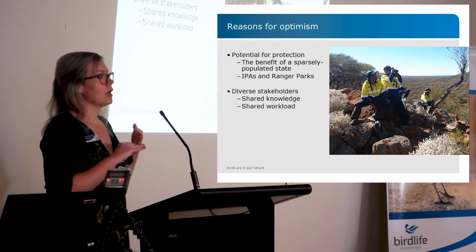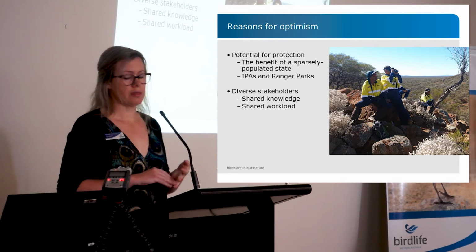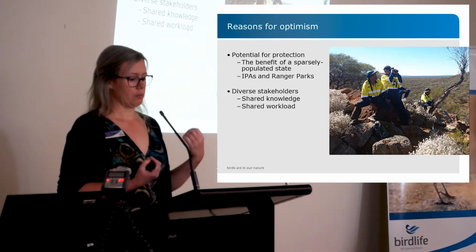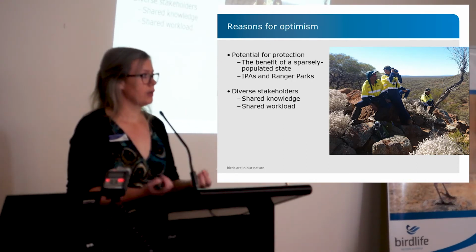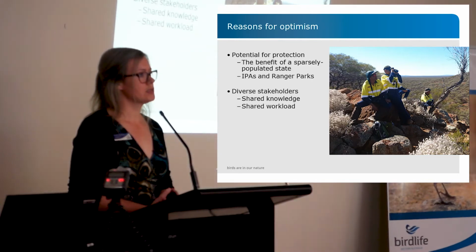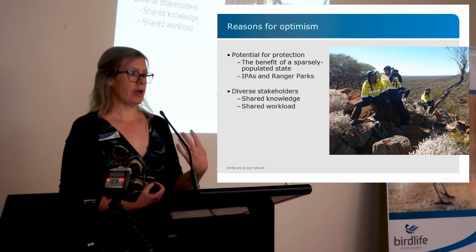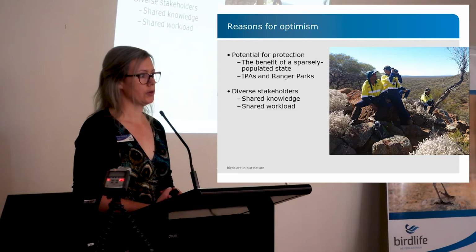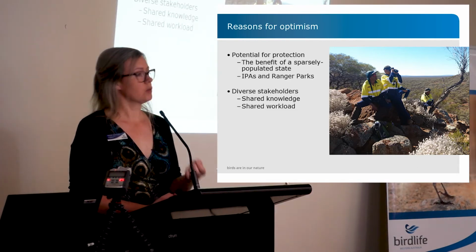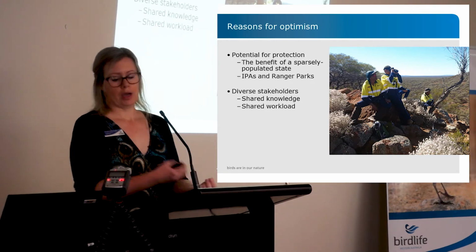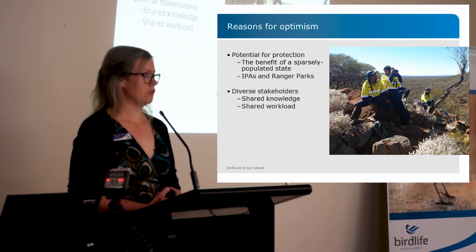So we are amazingly fortunate in WA that we still have this Indigenous knowledge that is strong throughout very many parts of the state, and that has the potential to deliver benefits when we're talking specifically about bird conservation. When you have Indigenous rangers managing land, when they're managing for healthy country, our birds can do nothing but benefit from that as well.